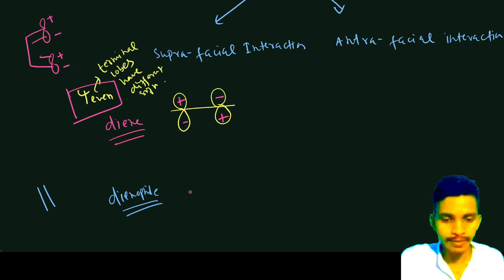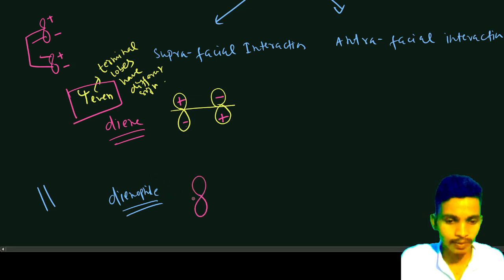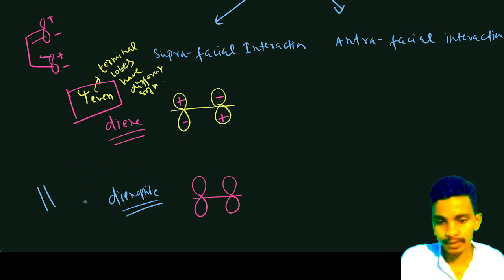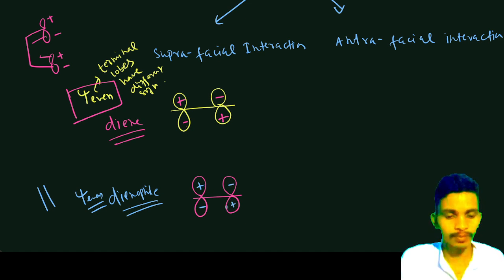So for this case, again we can represent it. Since this is psi even, if it is positive, this has to be negative and this has to be positive. Or we can represent it so that we can make the bonds.